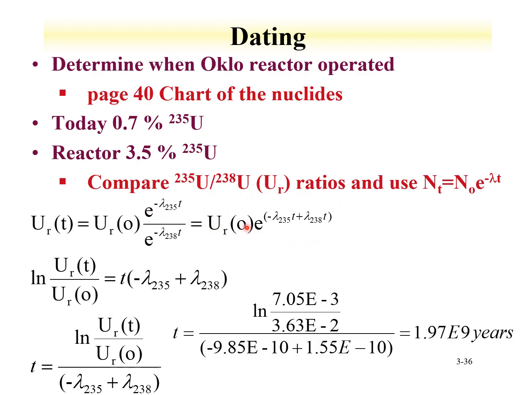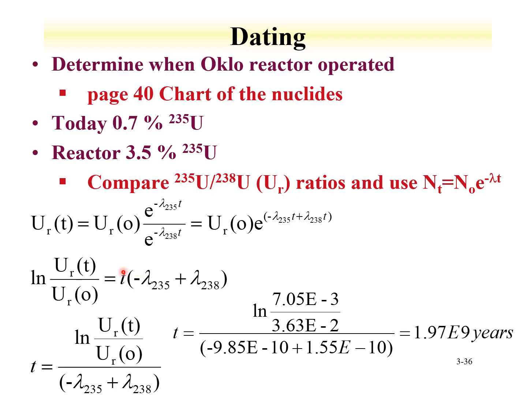We just rearrange, we solve for time. We have the ratio at time T, the initial ratio. We know the decay constants. We rearrange this equation and we get a value on the order of 2 billion years, which is actually pretty accurate.